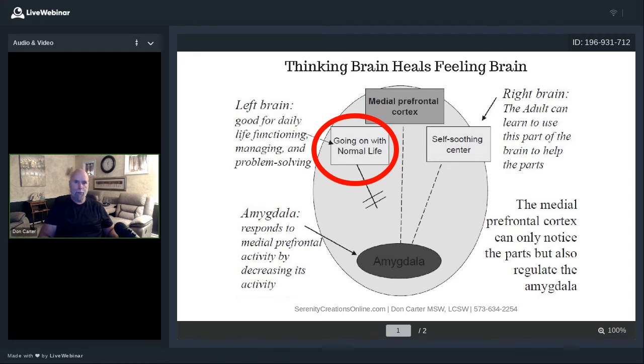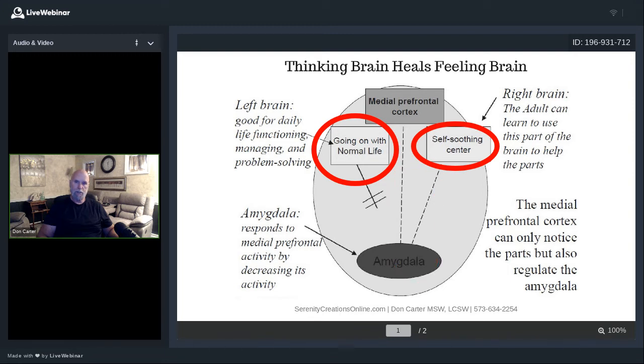Now, in the right brain, which would be the non-dominant side if you're right-handed, is the self-soothing center. Now, what's supposed to be in there is we're supposed to have integrated or internalized healthy models of a mom and a dad, so that I can use their soothing skills to soothe my amygdala.